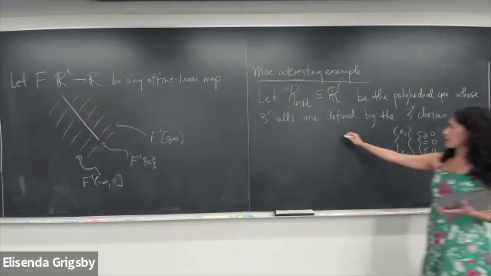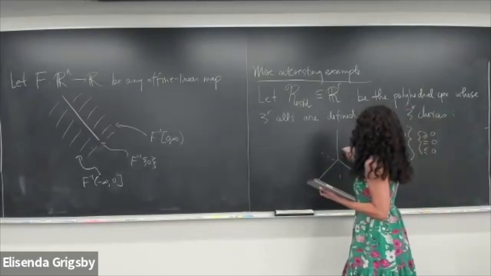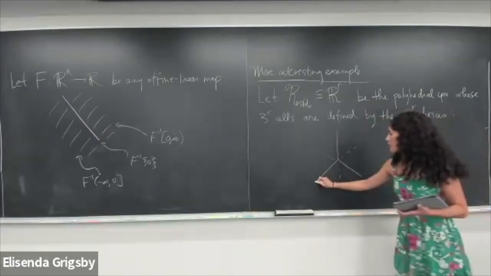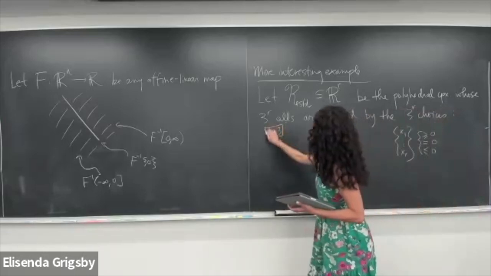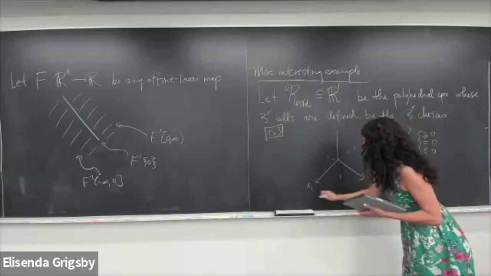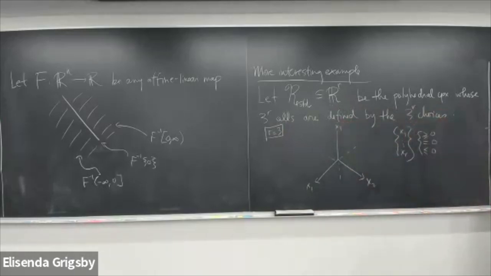And in the case of, say, r equals 3, these are just the polyhedral sets that you see.